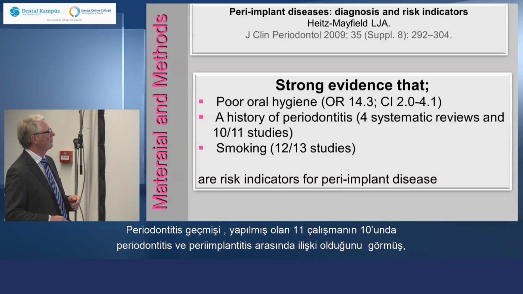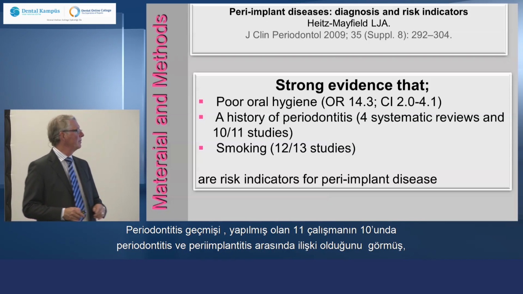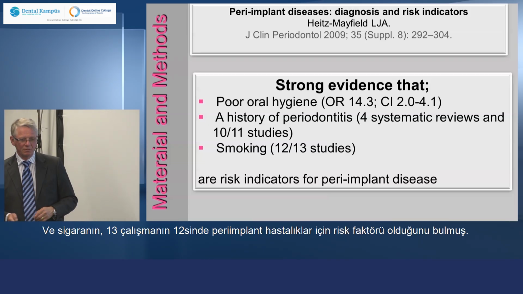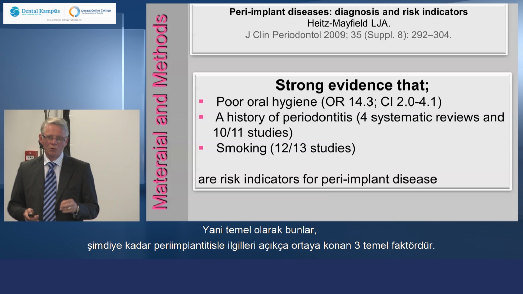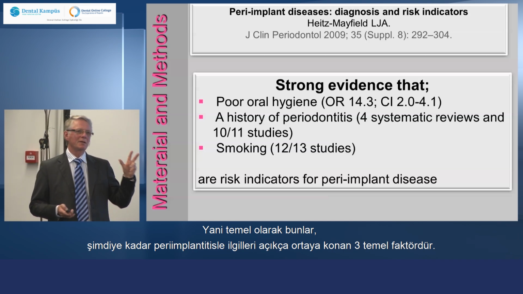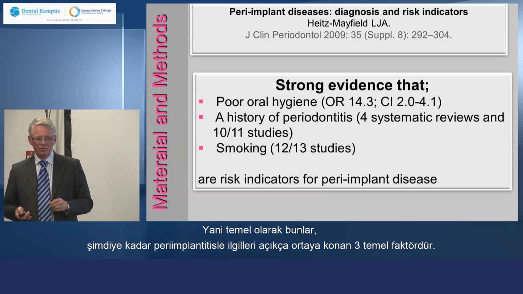A history of periodontitis: she found that in 10 out of 11 studies available, there was a link between a history of periodontitis and peri-implantitis, and smoking in 12 out of 13 studies. So those are basically the three that are clearly so far associated to the presence of peri-implantitis.